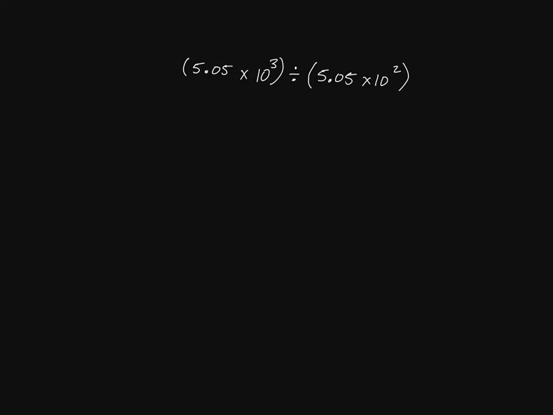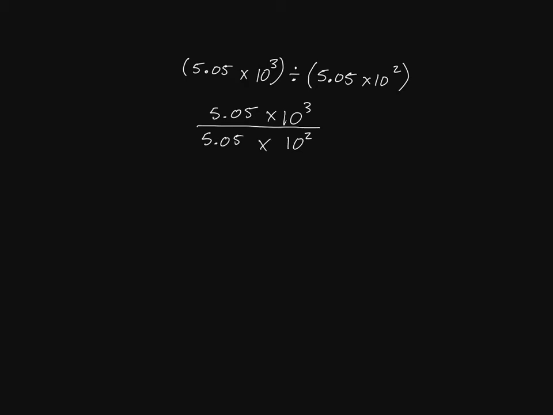Now we're going to be working with division of numbers that have positive exponents. So the first thing I'm going to do is rewrite it as a fraction. So I'm going to write it as 5.05 times 10 to the third power divided by 5.05 times 10 to the second power.